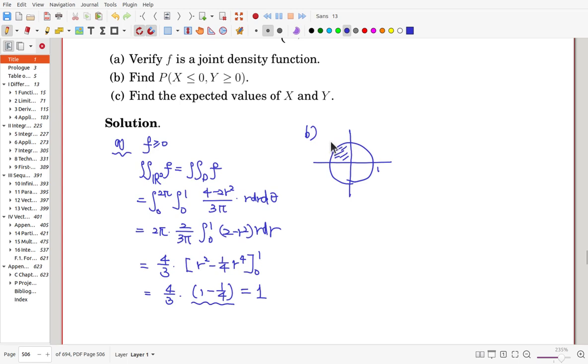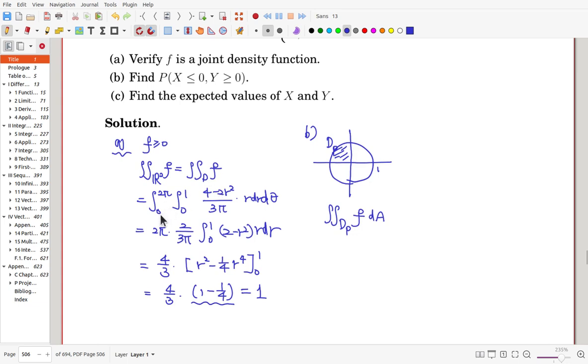Let's say that is region D_P. Then we have to get here the double integral over D_P of f dA, right? Compare with this one, nothing is changed except the angle.